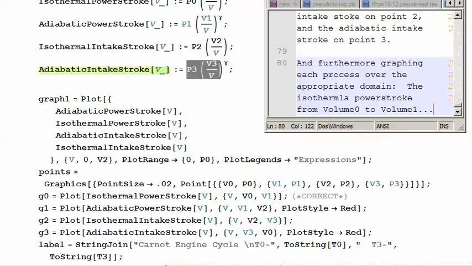And furthermore, graphing each process over the appropriate domain: the isothermal power stroke from volume 0 to volume 1, the adiabatic power stroke from V1 to V2, the isothermal intake stroke from V2 to V3, and the adiabatic intake stroke from V3 back to V0 again.